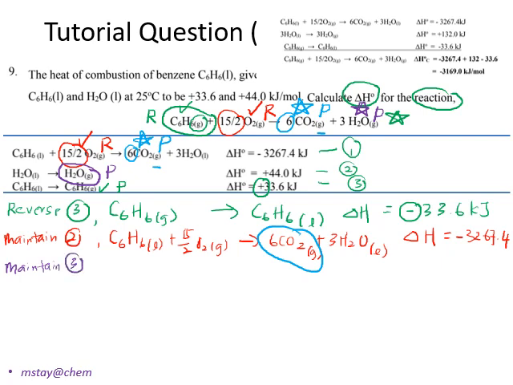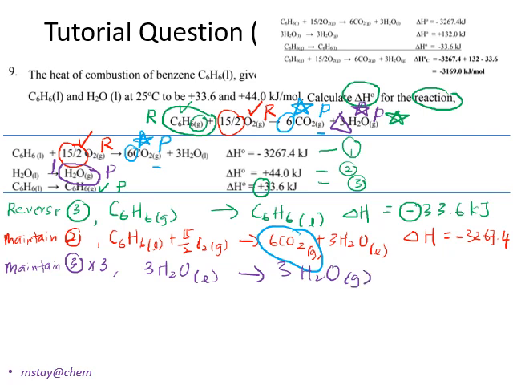However, here it is 3 mole of water, H2O gas, but here is 1 mole only. So we need 3 more. That's why the third thermochemical equation needs to be times 3. Once we times 3, we will get 3 mole of H2O liquid producing 3 mole of H2O gas.